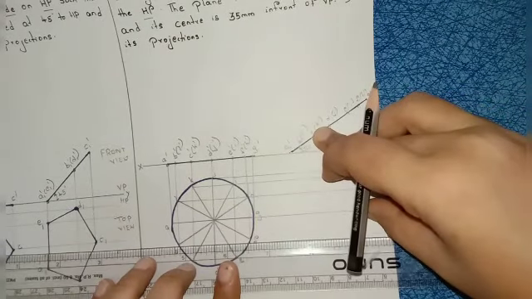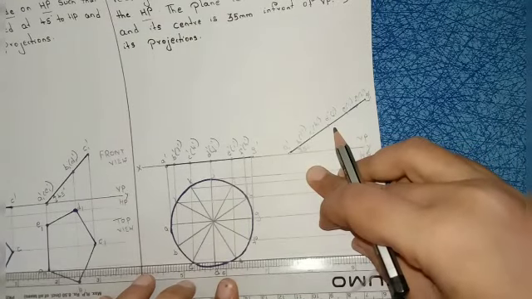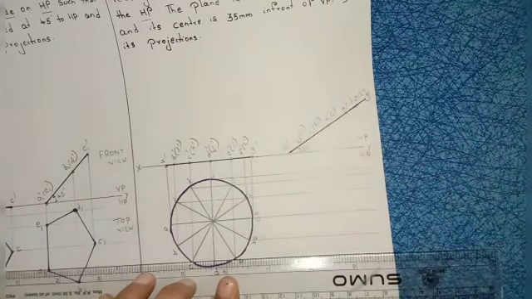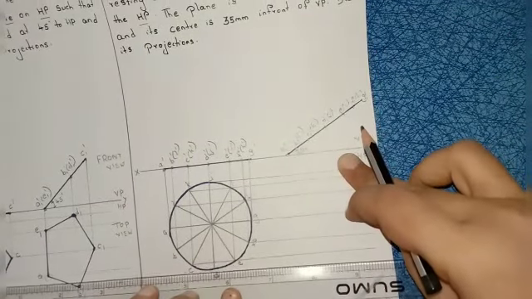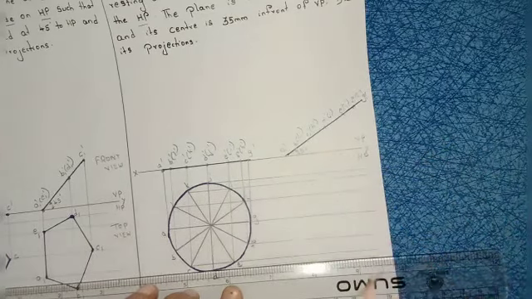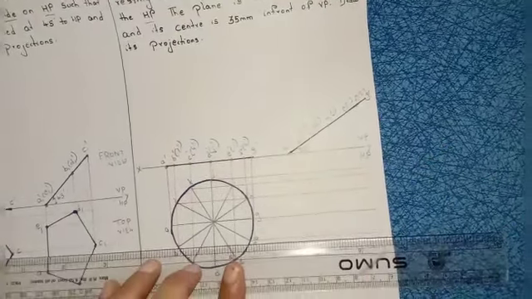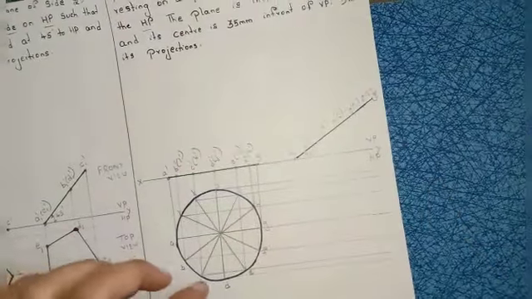Then B and F, draw a line. Then C and E, draw a line. And then from the last point D, draw a line. We are joining these two corners and drawing all the lines.